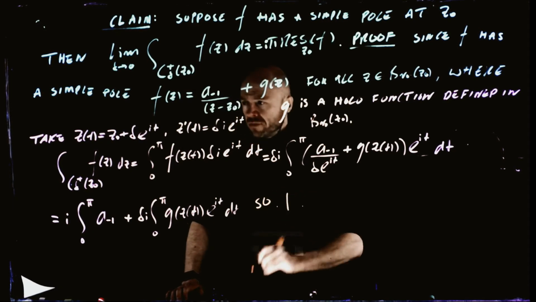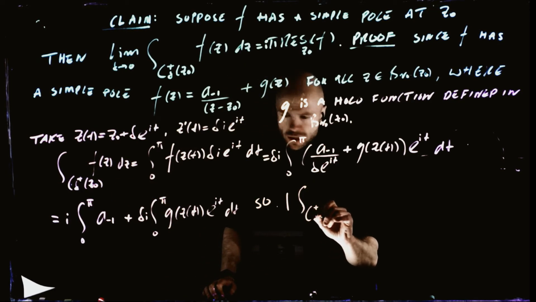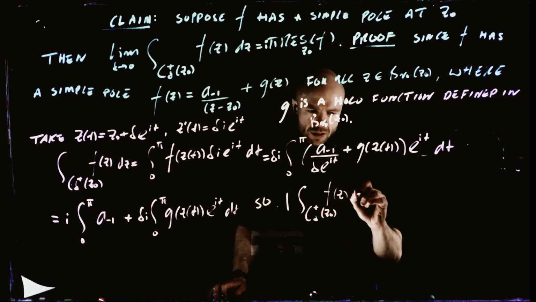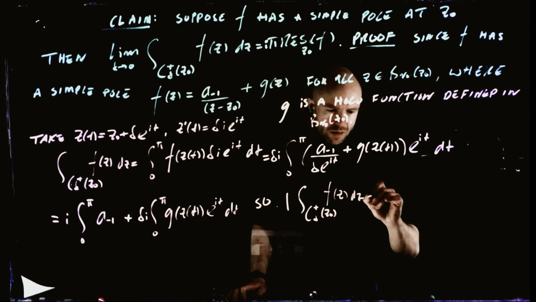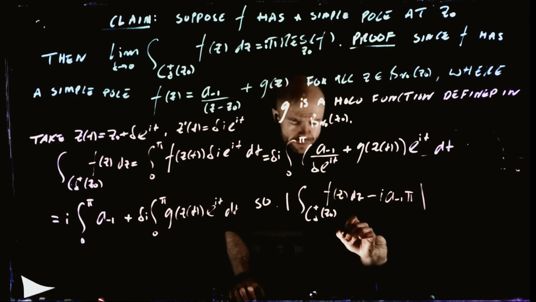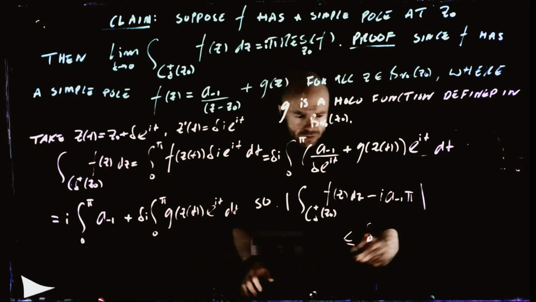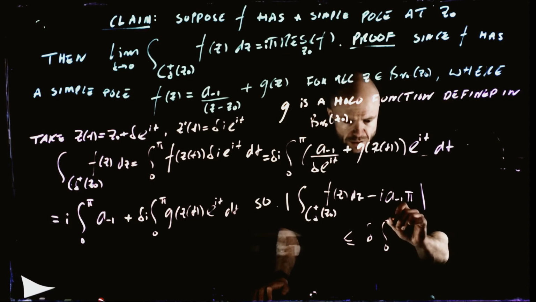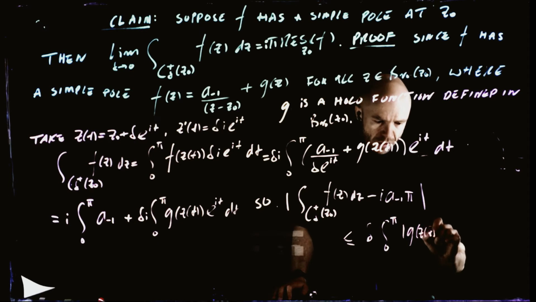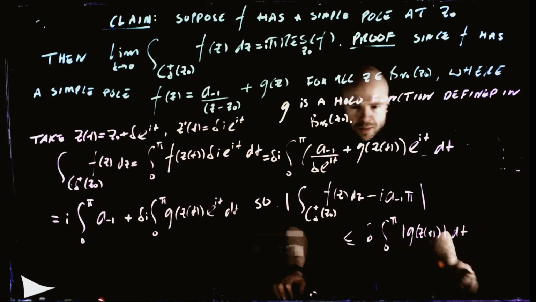So if we take the absolute value of this thing, the integral over C delta plus z0 of f of z dz minus this term here, i a to the minus 1 times pi, then what we have left is delta. Let's take the absolute value through this thing, integral 0 to pi, the absolute value of g of z of t dt like this.